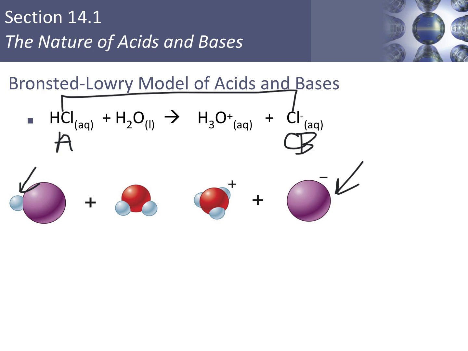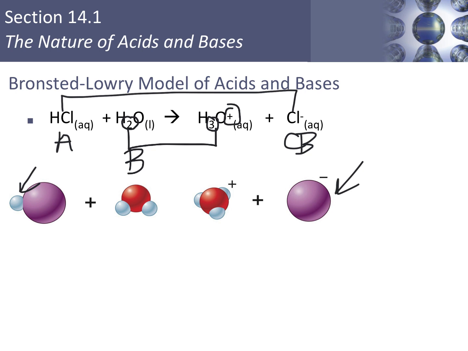Water and hydronium make up another conjugate acid-base pair. We go from 2 hydrogens to 3. So water has accepted a proton or a hydrogen ion. Notice the positive charge on the hydronium. So it is a Bronsted-Lowry base.